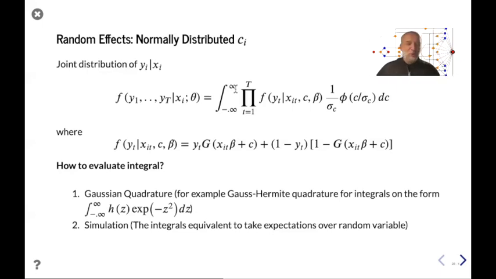And we have seen how to do that in previous courses, like numerical methods. One of the two things we have in our toolbox so far is Gaussian quadrature and Monte Carlo simulation. I'm going to mostly focus on Gaussian quadrature in this case, because it's a fairly small dimensional integral.